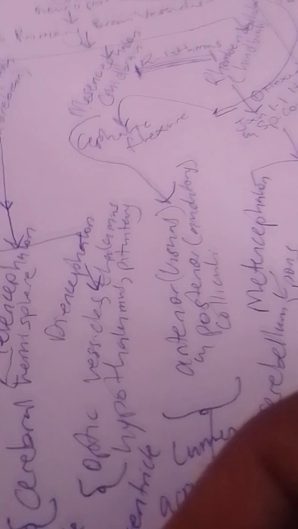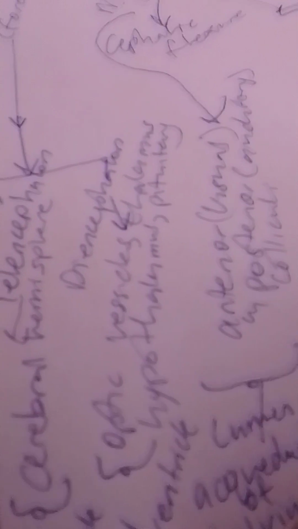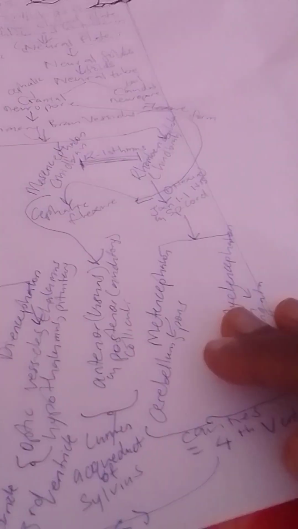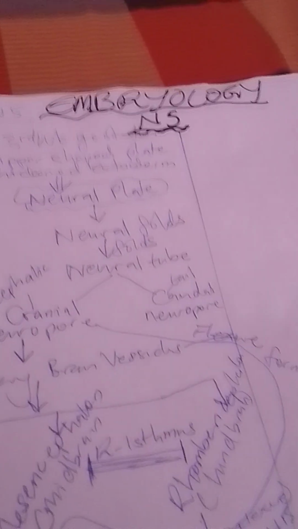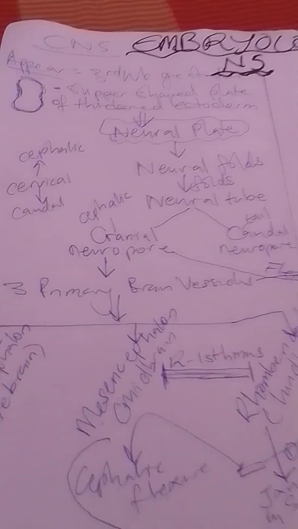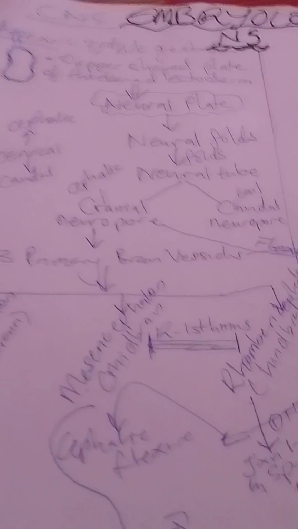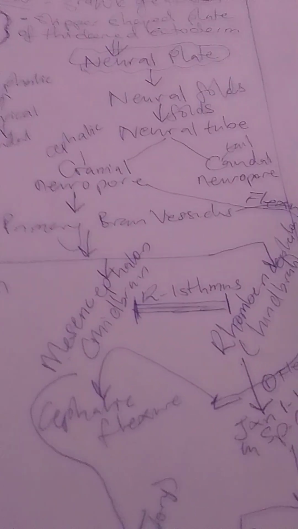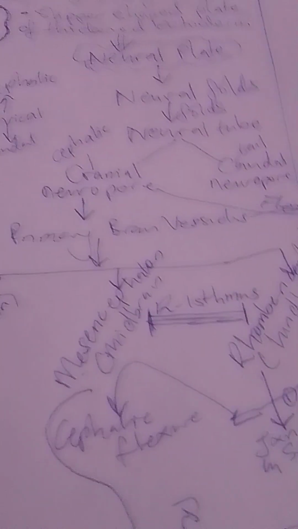This aqueduct of Sylvius connects the third and fourth ventricles. Okay, so I think today this is where we will end. I'm just going to give a quick summary of all that we have done today.